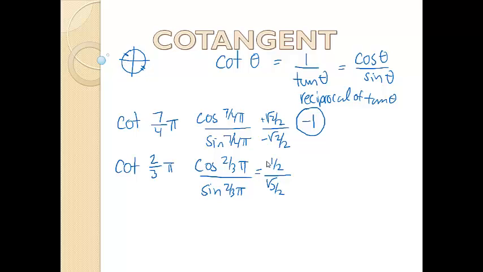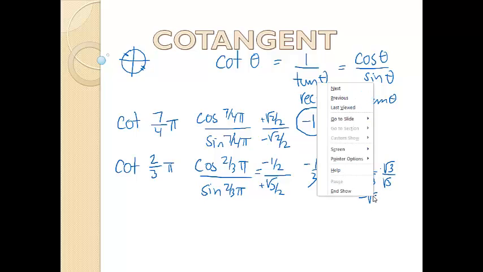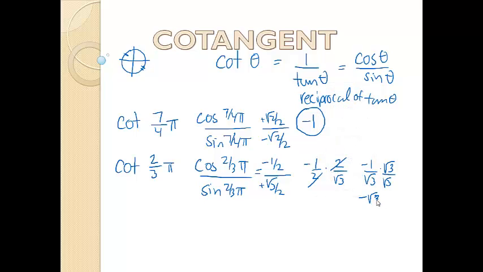The cosine over there is negative, the sine is positive, so I'll have a -1/2 times 2 over square root of 3, because I do have to multiply by the reciprocal. The 2's cancel, I get -1 over the square root of 3. Let's go ahead and rationalize the denominator. So I'll end up getting negative square root 3 over 3, and that would be my answer.